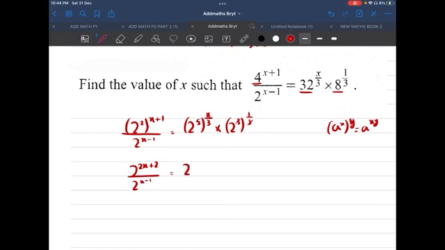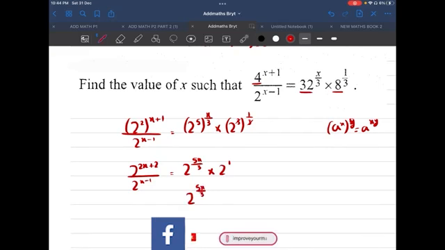Now, it's going to become 5x upon 3 multiplied by 2 power 1. Rule number 1 says if the bases are same and the powers are different and there is multiply sign in the middle, you take the base common, add the powers. That's what I did.